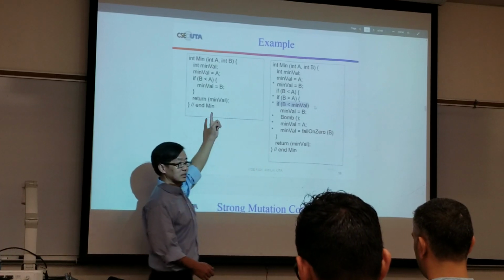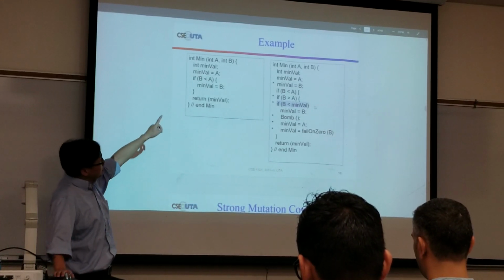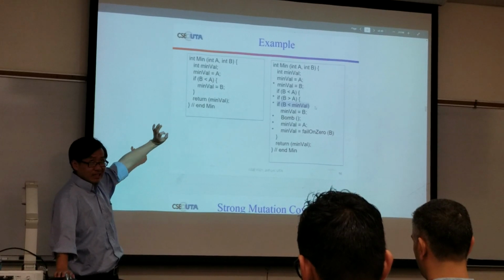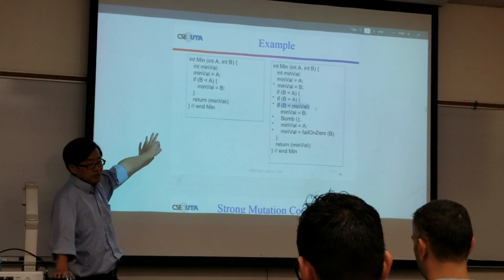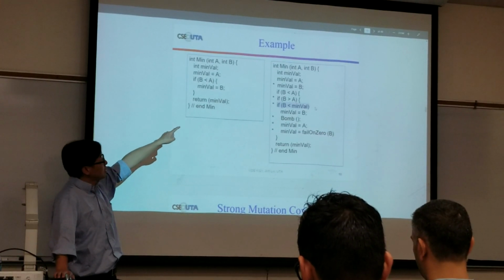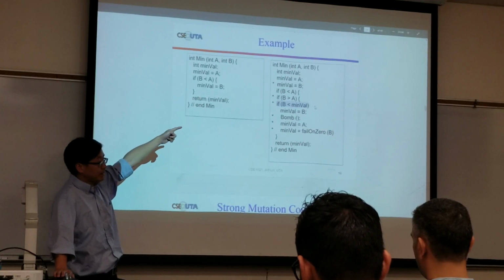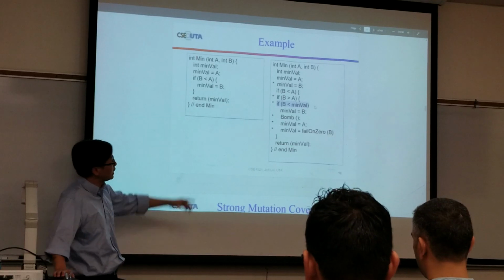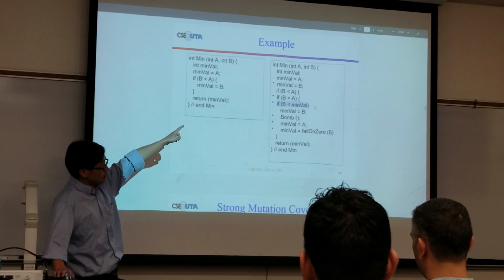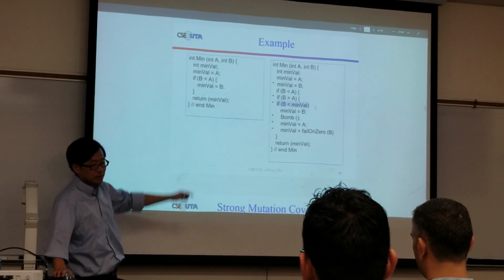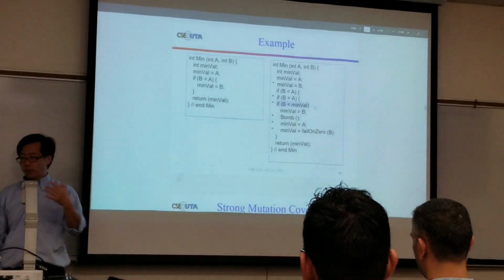That mutant is exactly the same as the original program. The only difference is that you replace the line in the original program that precedes the star line with the star line.